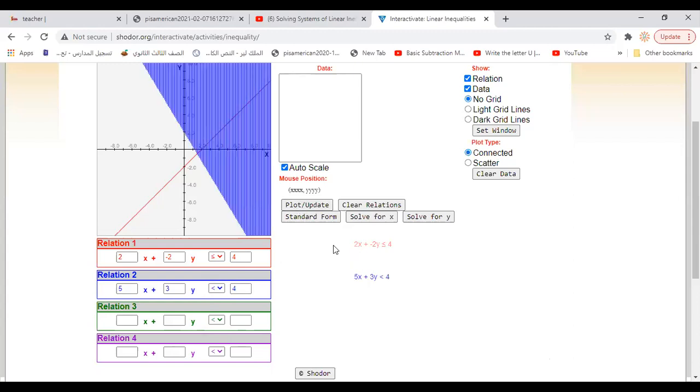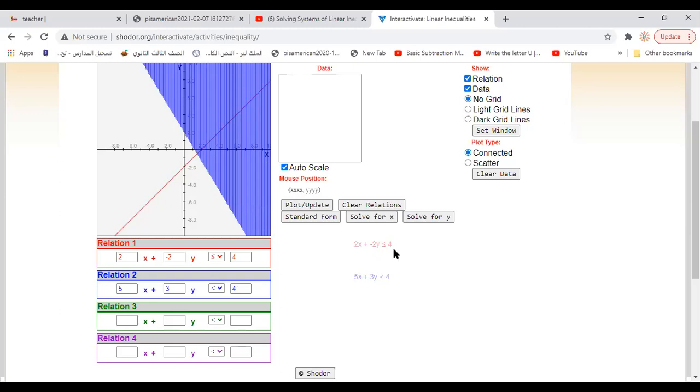Now for the two inequalities, you have 2x minus 2y less than or equal to 4. We are going to represent it graphically, but we have to simplify.